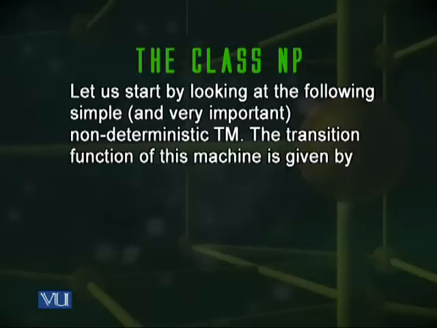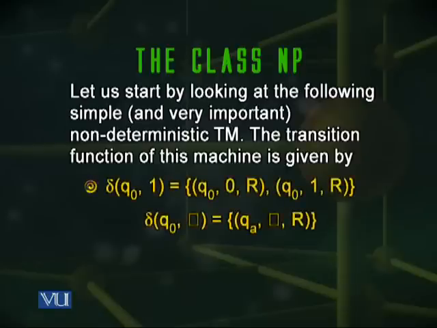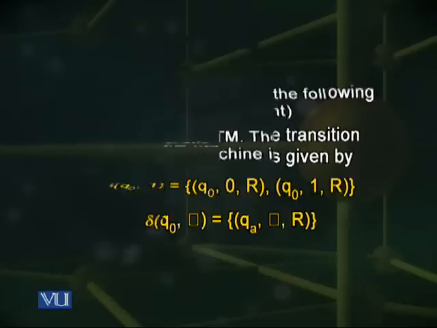This non-deterministic Turing machine has the following transition function. If it's in state q0 and it's reading a 1, it can make two choices. It can either convert that 1 into a 0, or leave that 1 alone, and move to the right. When it reaches a blank symbol, it simply halts. So imagine 1's written over its tape.